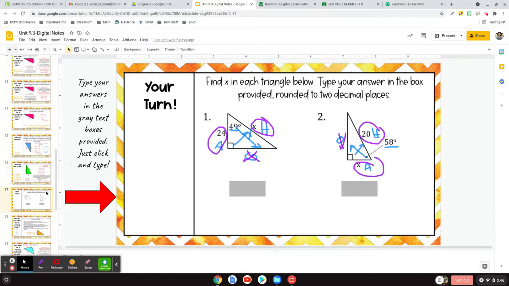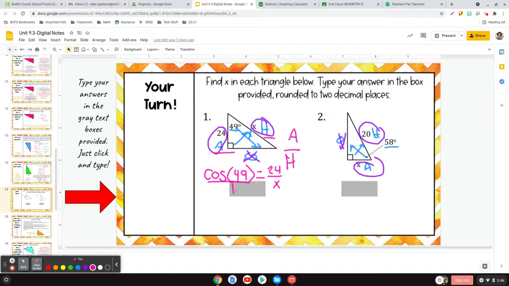So now that we have that, we can go in and set it up. So this one we can get cosine of 49, because that's our angle, equals our adjacent over hypotenuse, so our A over H. So our adjacent is 24 over x.